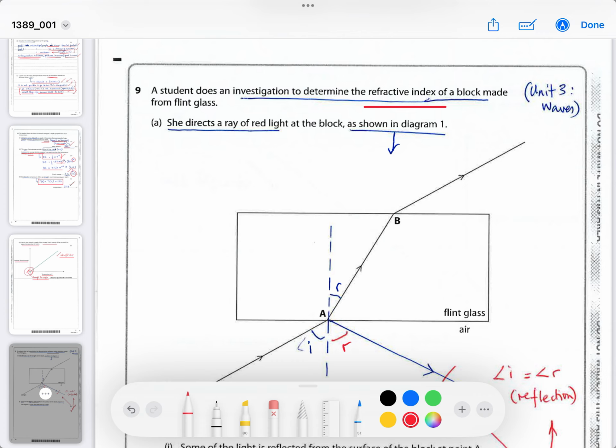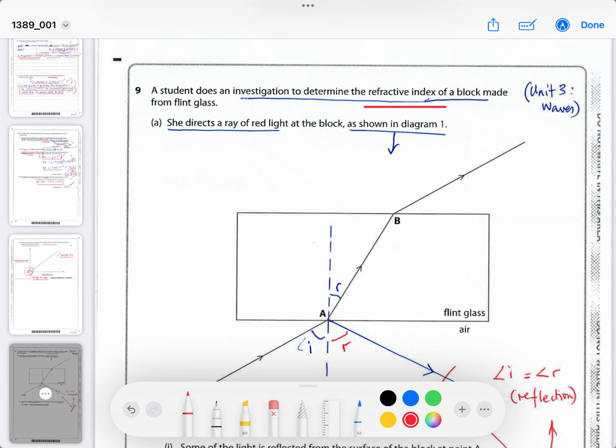So it goes through the air, hits the glass at an angle to the normal, which is a dotted line, and it then refracts, bending towards the normal as it goes into the optically denser material. When it comes back out, the ray will go back in its original direction. The ray coming out and the ray going in are in the same direction.